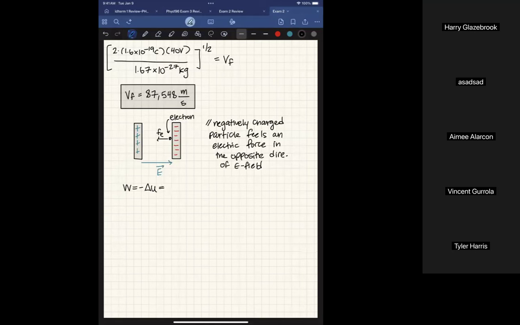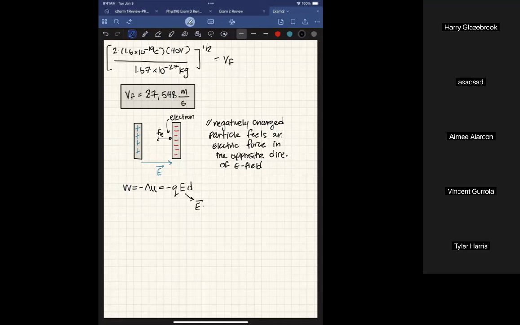And I'm still going to write that as negative Q times E times our displacement, which is D. But one of the subtleties here is that this is actually supposed to be a dot product.